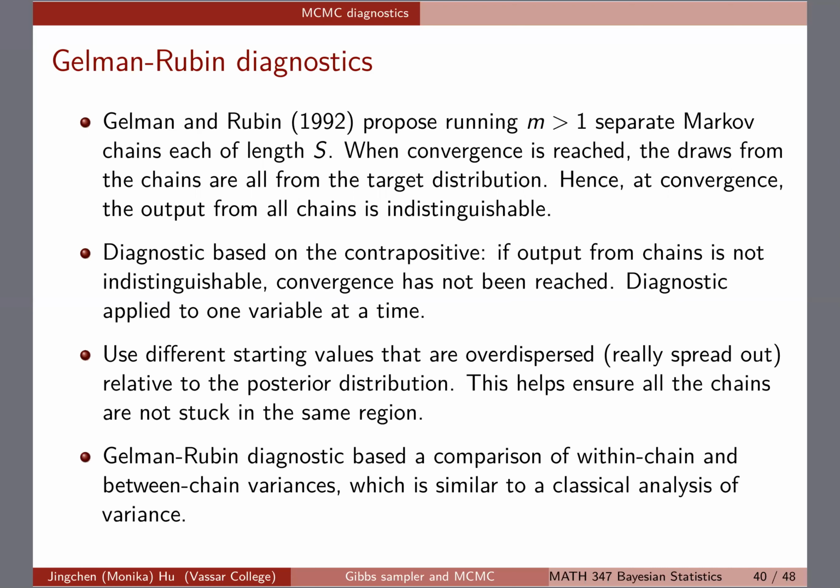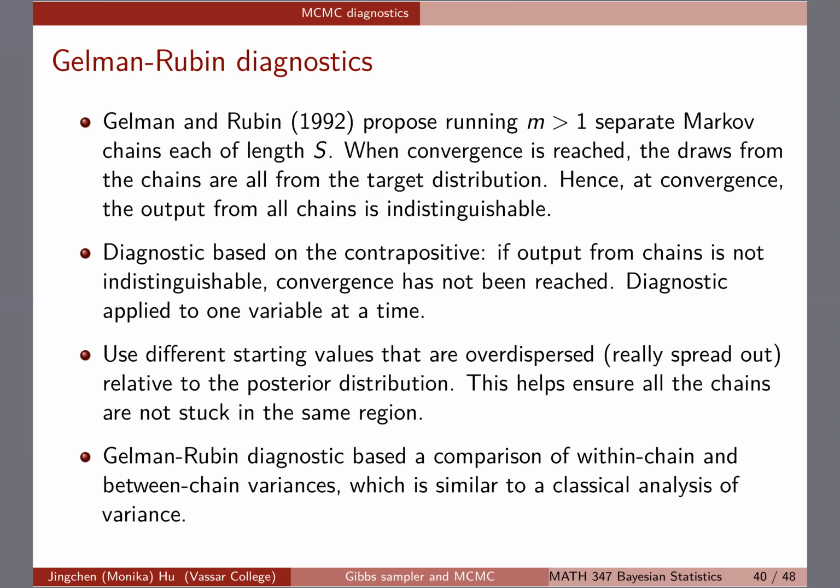They want to compare. If you know ANOVA from your other courses, you know that ANOVA looks across different groups at the within-group variance and the between-group variance. The Gelman-Rubin diagnostic is doing the same thing, except that they're not working with groups, they're working with chains.